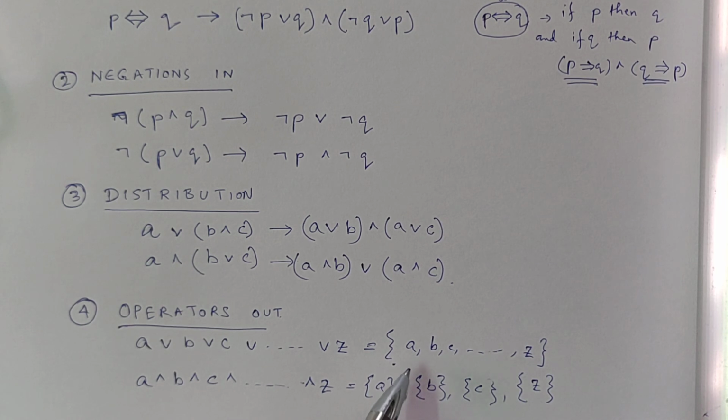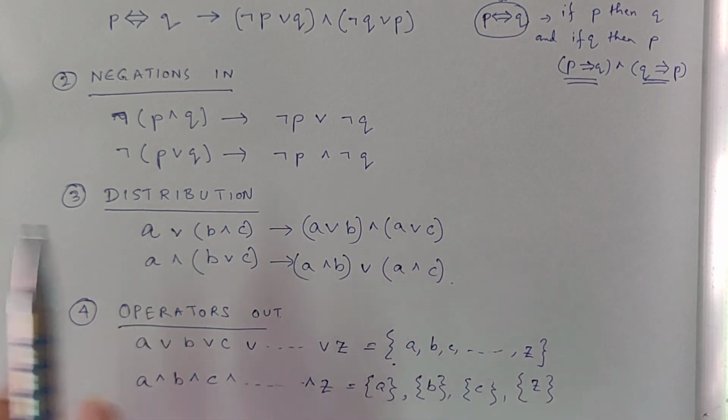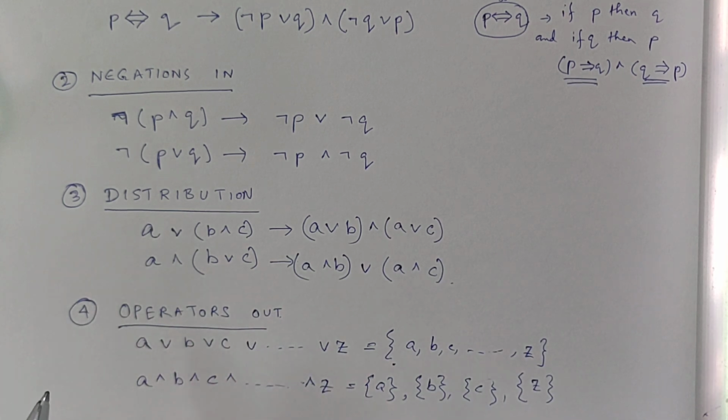Means if any one of A or B or C or Z is true, the formula will be true because this is an OR. But A and B and C and Z, for this to be true, all of them have to be true separately. So that is why they are converted into separate clauses. This has to be true, this has to be true, this has to be true, this has to be true.